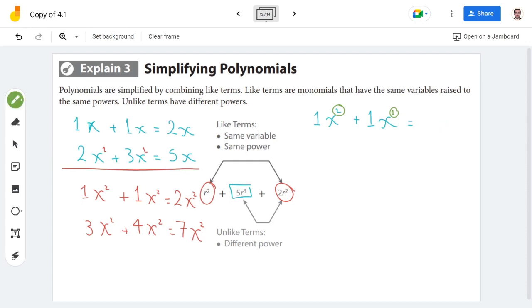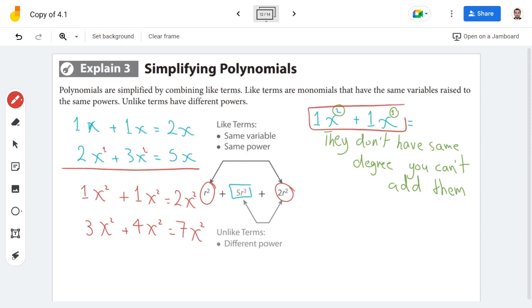So you can't add them. So what do you need to do, teacher? What you have to do is just keep them like this. This is the final answer.